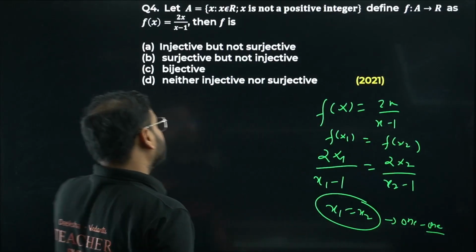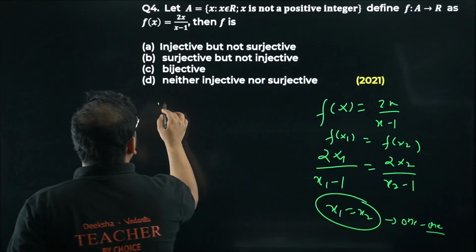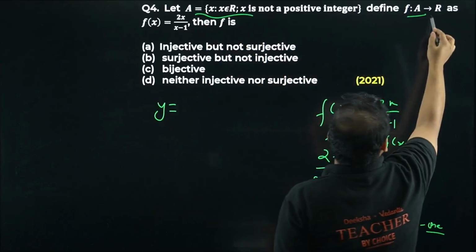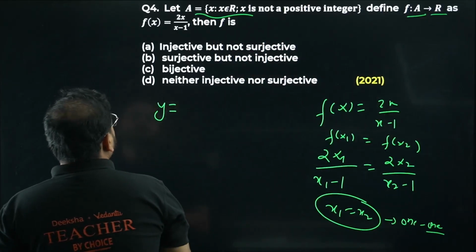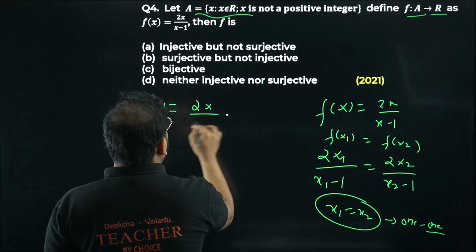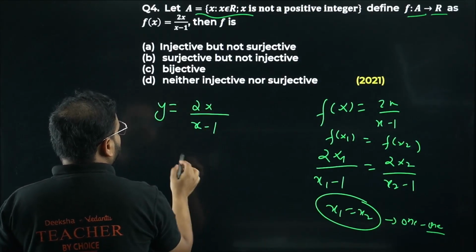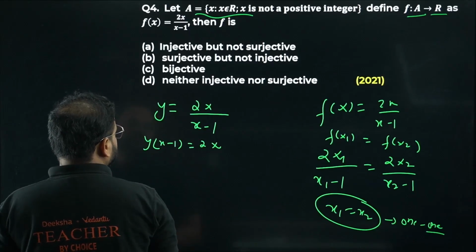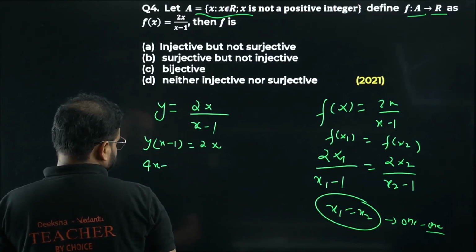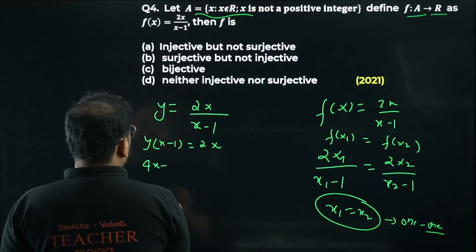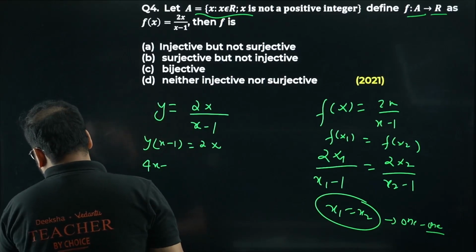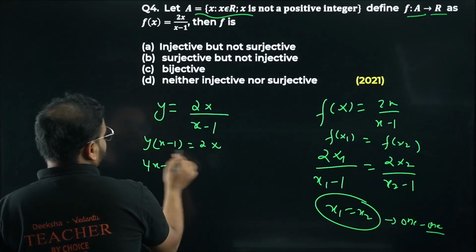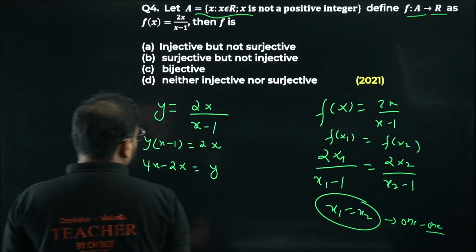What about onto? They're saying x is not a positive integer, so let's solve for this. They have given the domain as the set A, and the codomain as R. If I take y equals 2x upon x minus 1 and make x the subject, I get y times (x minus 1) equals 2x, giving yx minus y equals 2x, so yx minus 2x equals y.